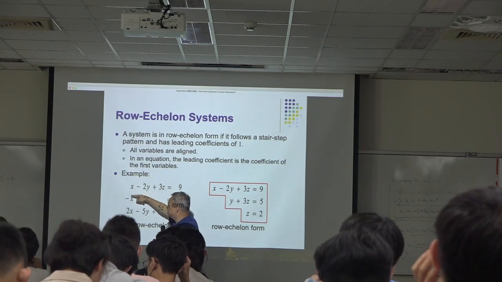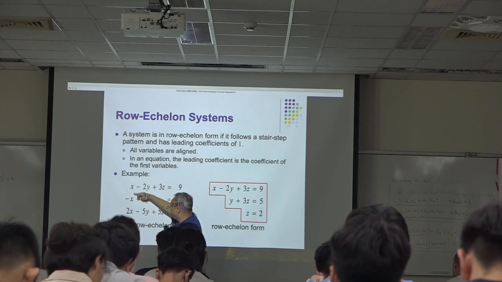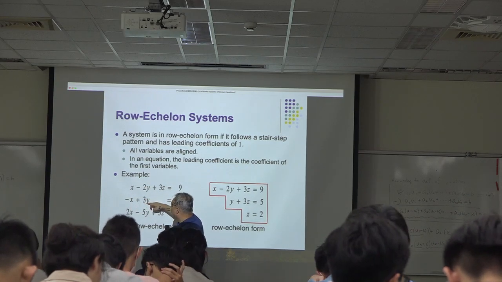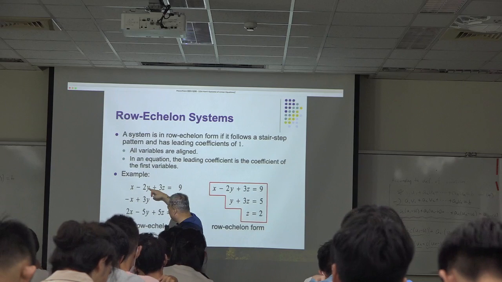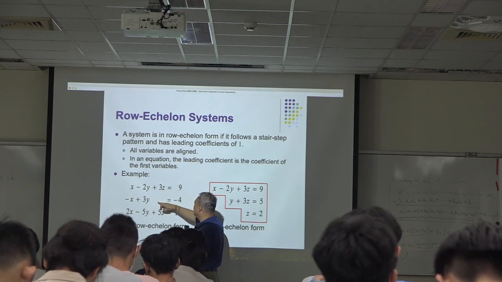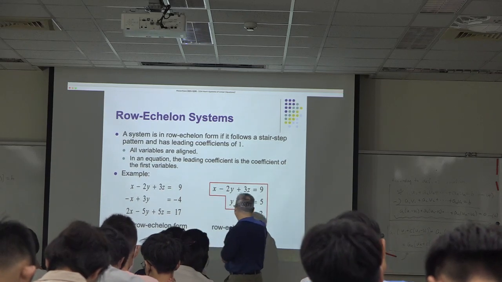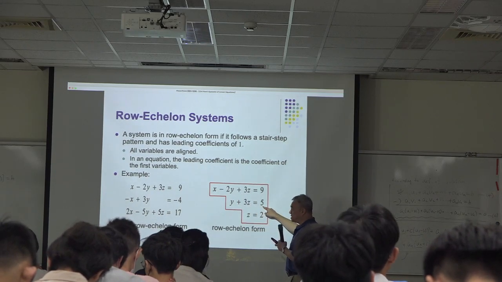When we add this x to the negative x, it cancels out, right? So when we add these two together, 3y minus 2y, we have a y, and then plus 3z equal to, well, 9 minus 4 is 5. So we have y plus 3z equal to 5.